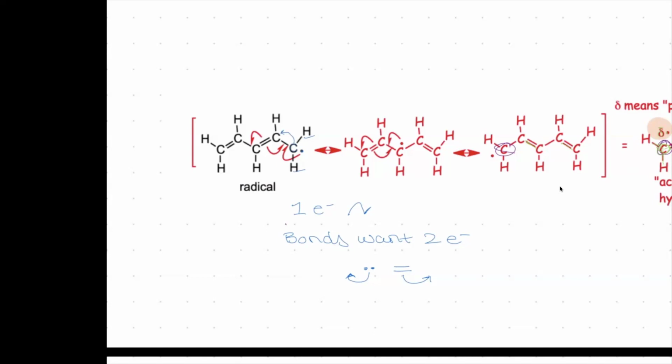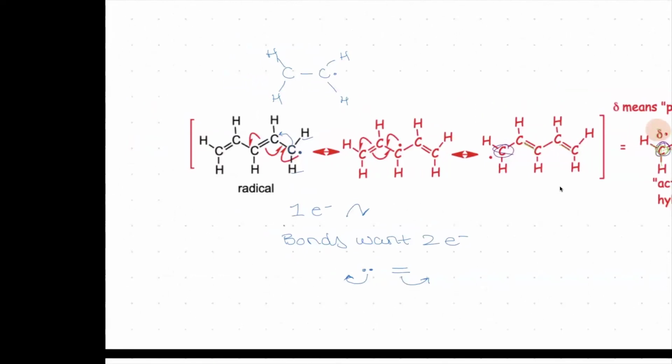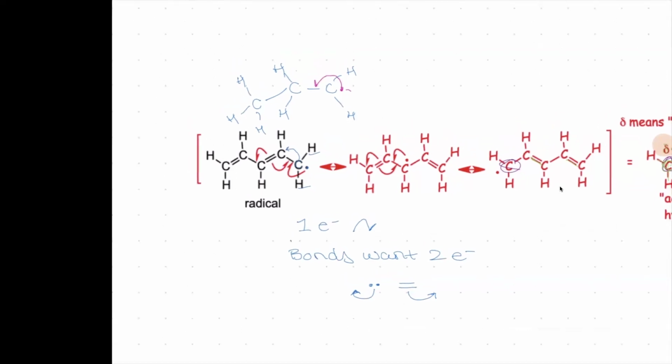Now, if this structure was, say, this, with a methyl on this end, then this radical isn't going anywhere, because one electron comes in and there's nowhere else on this structure for another electron to meet it.